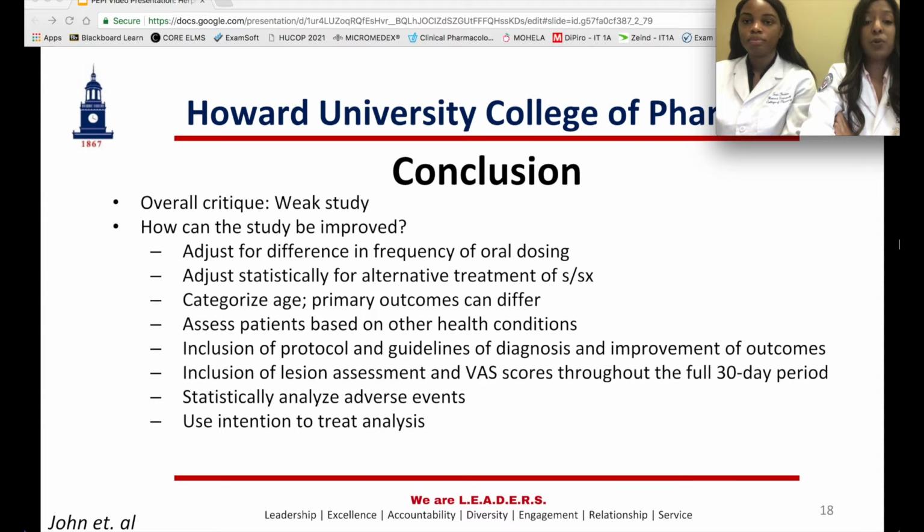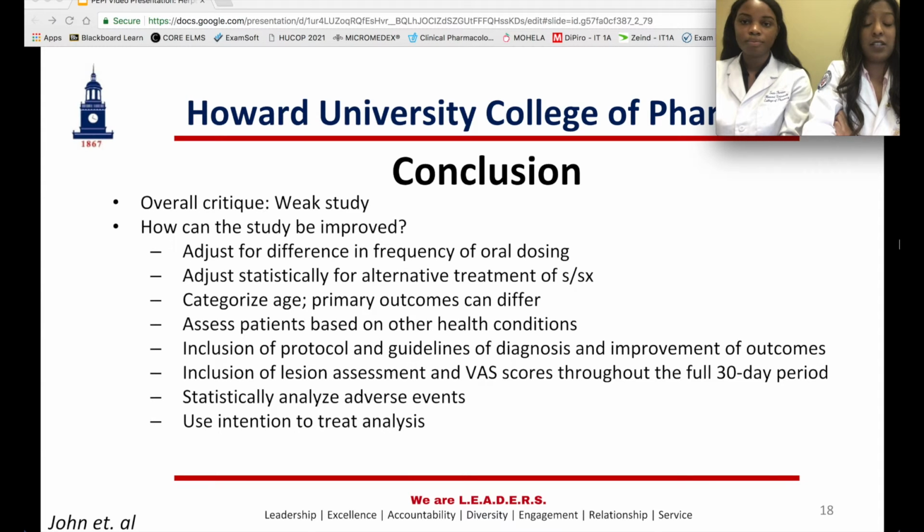Also, inclusion of a protocol and guidelines of diagnosis and improvement of outcomes. So what I mean here is guidelines on how herpes zoster was diagnosed, make sure it's the same throughout the study for every patient, and how the VAS scores and improvement were assessed, how lesions were assessed, and also that should be reported every day for the 30-day period.